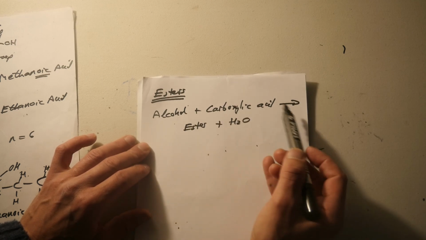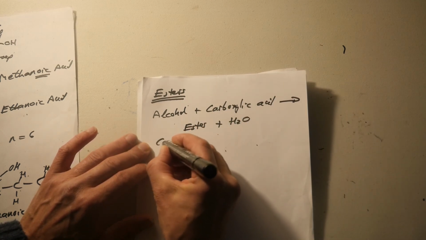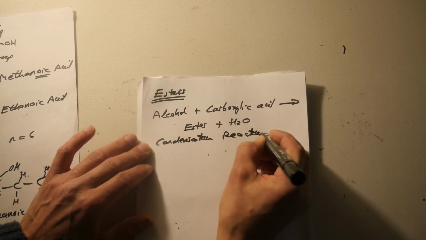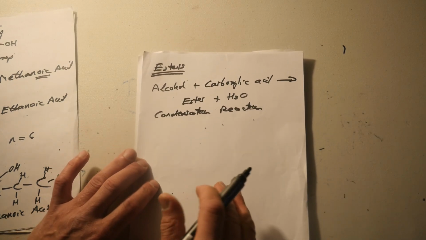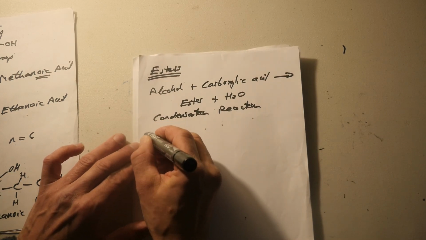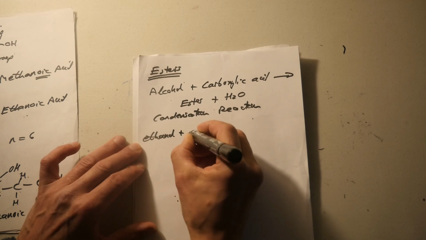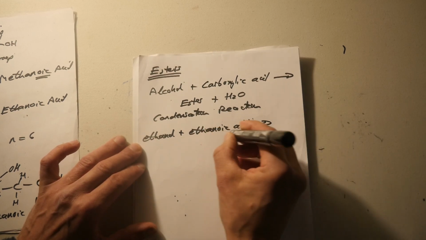When these two react to form esters, water is released, and that's why we call it a condensation reaction. The basic one: if you have ethanol plus ethanoic acid, that leads to ethyl ethanoate.